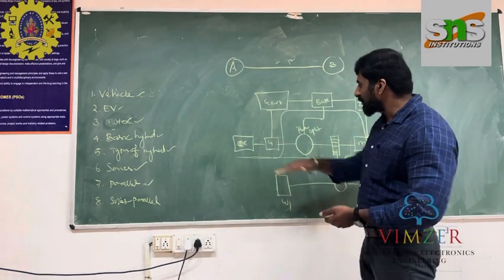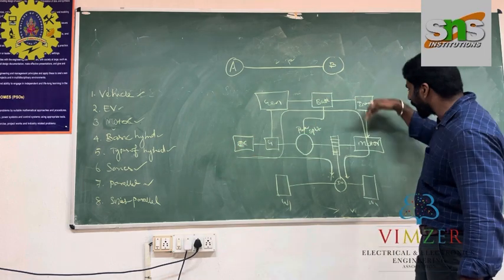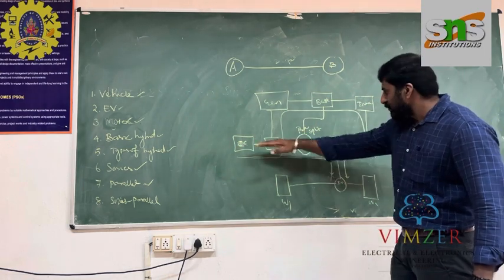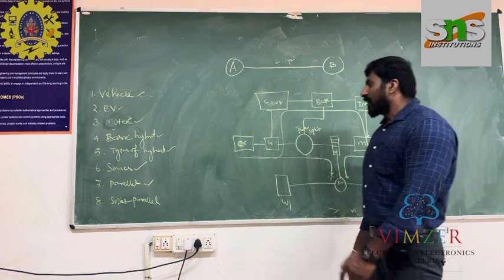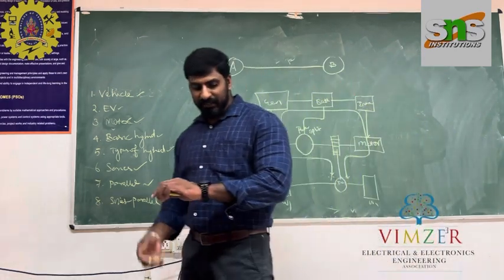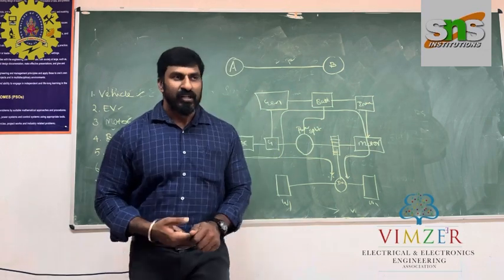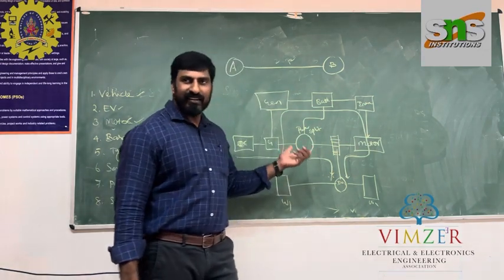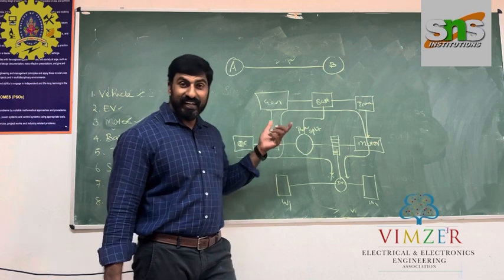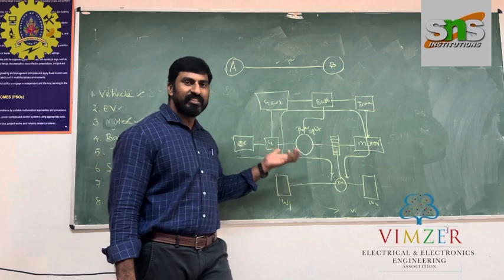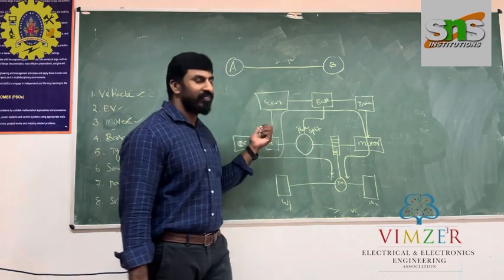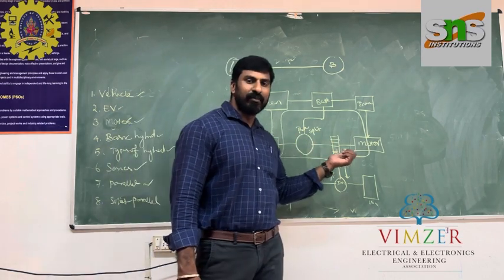Just imagine that this combination is called the series hybrid mechanism, and this one is called the parallel hybrid mechanism. So we are adding two different combinations, series as well as parallel. The vehicle can run with the help of series whenever we need series efficiency; at that time the vehicle is run by the series hybrid mechanism.